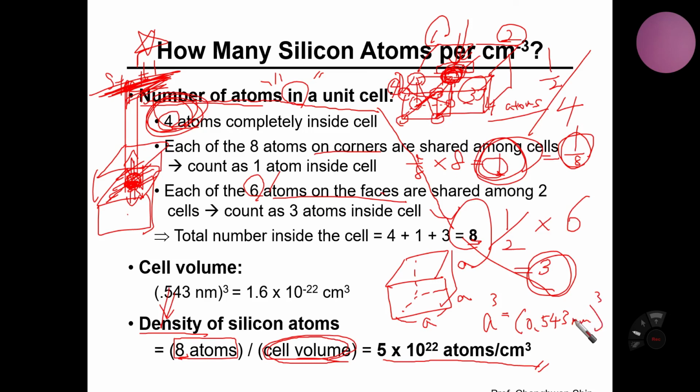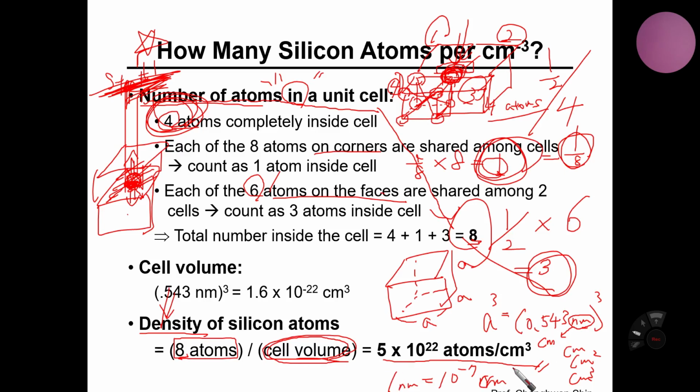In the very first movie clip, I told you that in the electron device community, we love to use centimeters as a length, square centimeters as an area, and cubic centimeters as a volume. So we need to switch the unit into centimeters. 1 nanometer corresponds to 10 to the minus 7 centimeter.